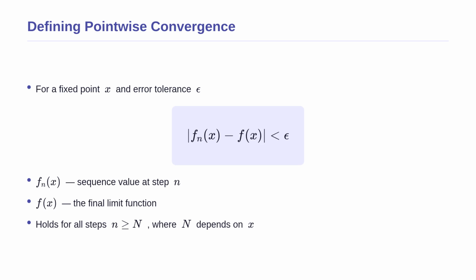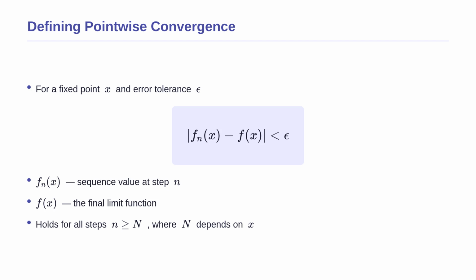This brings us to the rigorous mathematical definition of pointwise convergence. Conceptually, we want the distance between our moving sequence and our final destination to shrink to zero. The formula shows the absolute difference between the sequence function f sub n of x and the limit function f of x. We demand that this vertical distance becomes strictly less than a tiny positive number called epsilon.